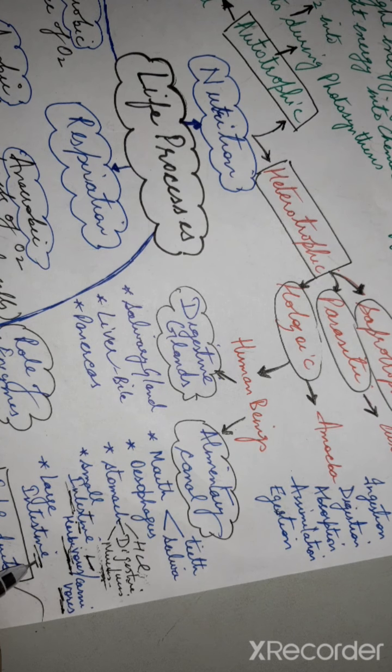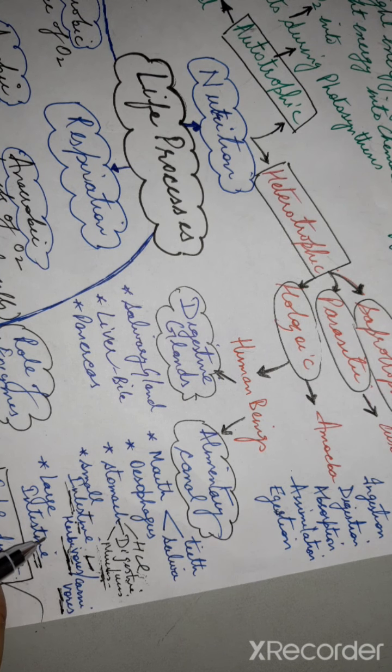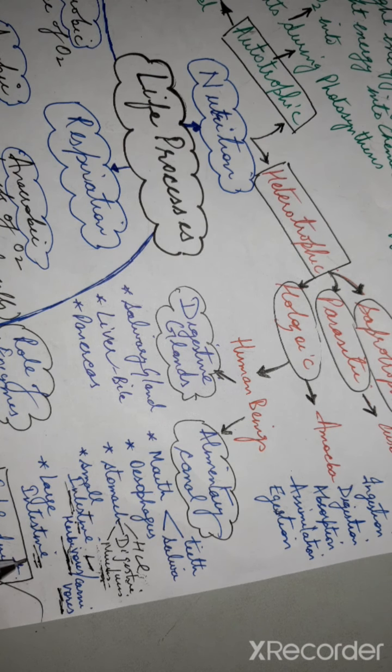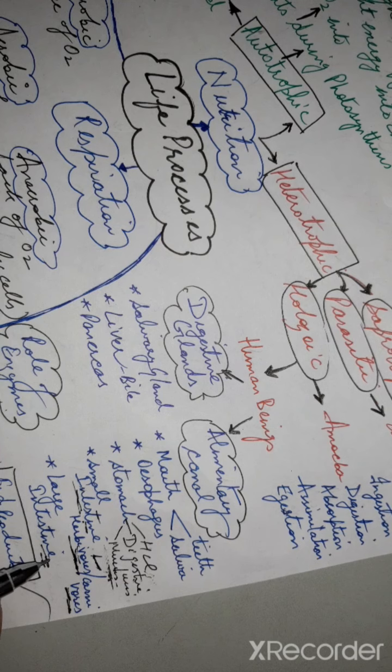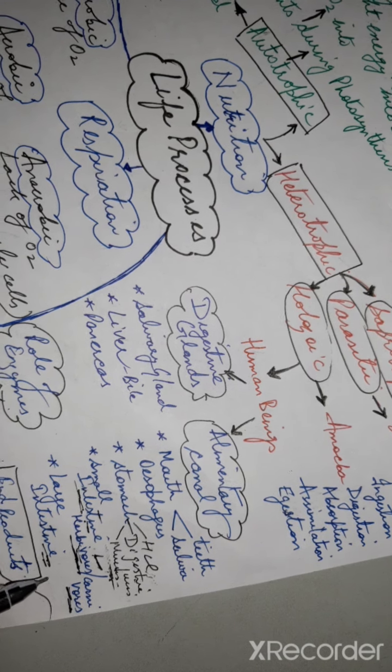Then large intestine. Some of the water and some salts are absorbed in the large intestine, and then the waste material, undigested food, is removed out from the last part of the alimentary canal, that is anus.